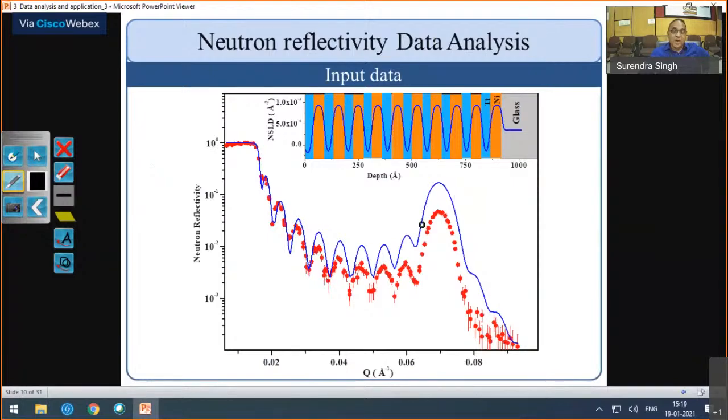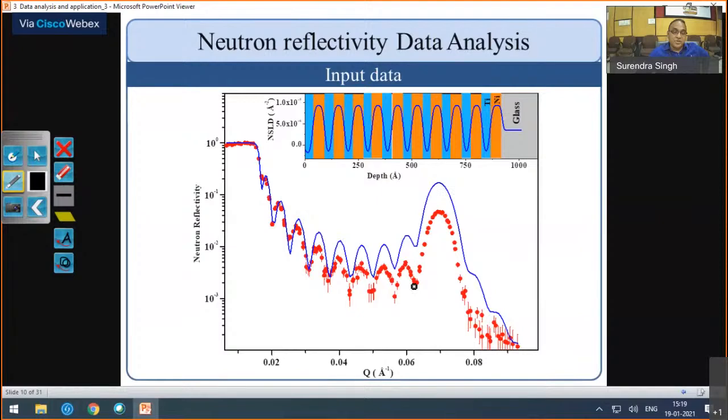Only the intensity part is not matching at higher Q. It says that the roughness is not properly adjusted. Otherwise, because the peak position is coming the same and the Kiessig oscillations are matching, it says thickness is all right. But maybe we have to play with the roughness parameter.